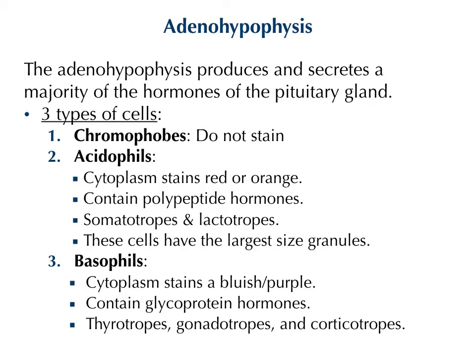And these are the thyrotropes that produce thyroid-stimulating hormone, the gonadotropes, which produce luteinizing hormone and follicle-stimulating hormone, and the corticotropes that will produce adrenocorticotropic hormone, ACTH. It's the high carbohydrate content of the hormones within these cells that also stain bright purple on PAS stains.